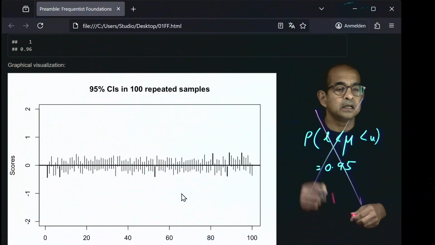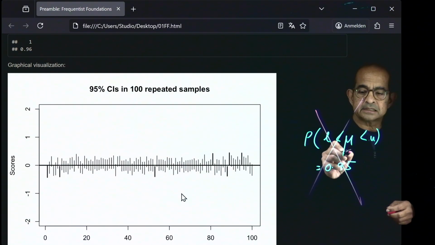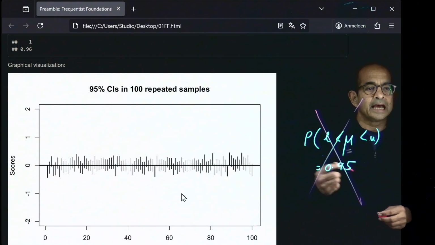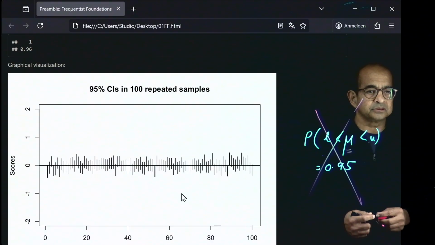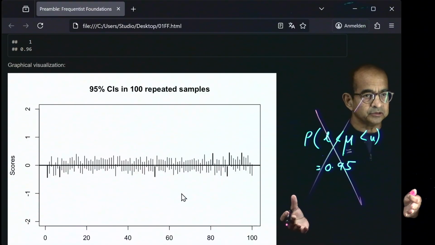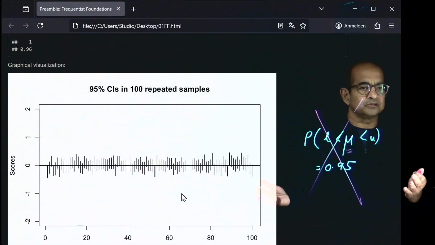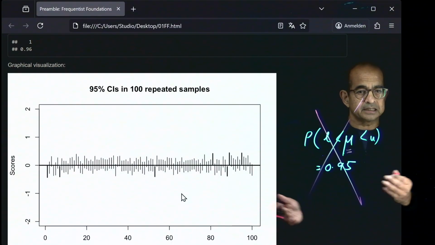Impossible to make. Why? Because such a statement implies that mu has a probability density function associated with it. But mu is a point value. It's not a random variable. It doesn't have a PDF associated with it in the frequentist paradigm.